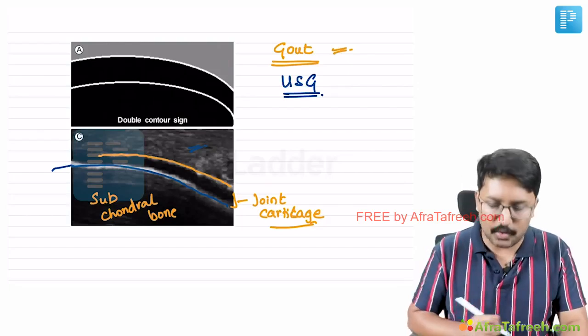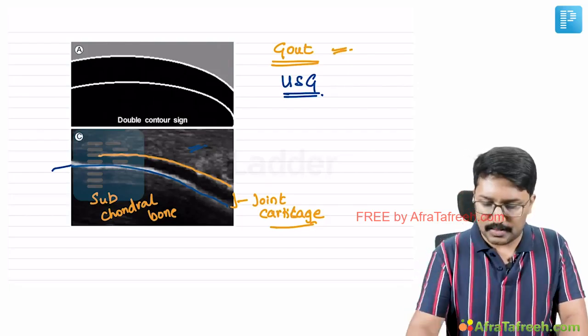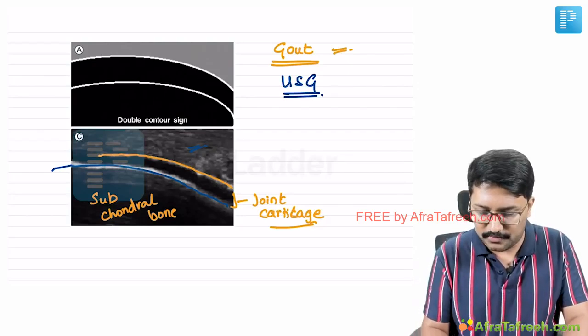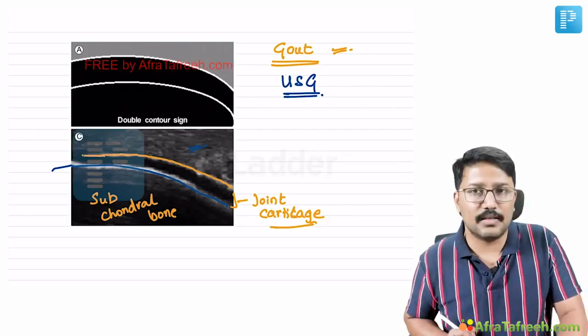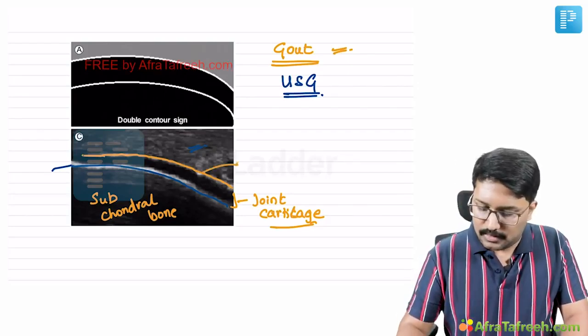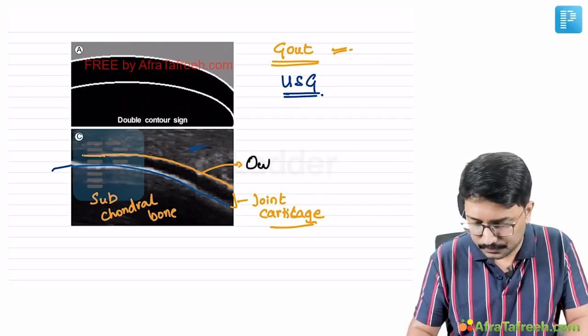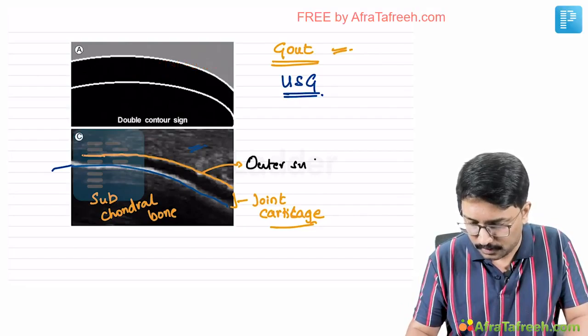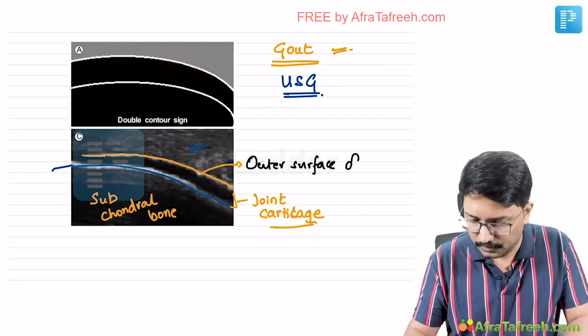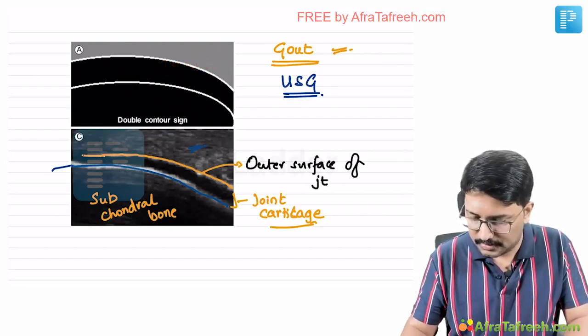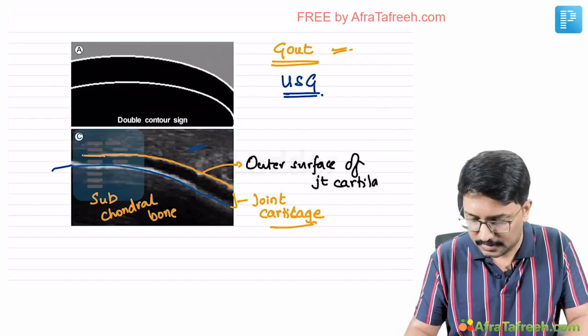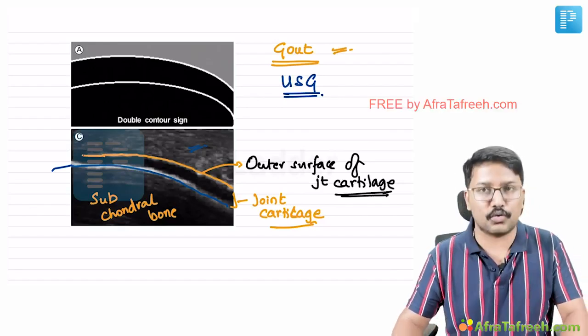So this is the periosteum of the bone. Now what we are seeing, the one that I have drawn in yellow, right? This is the outer surface of joint cartilage, where there is deposition of monosodium urate crystals.